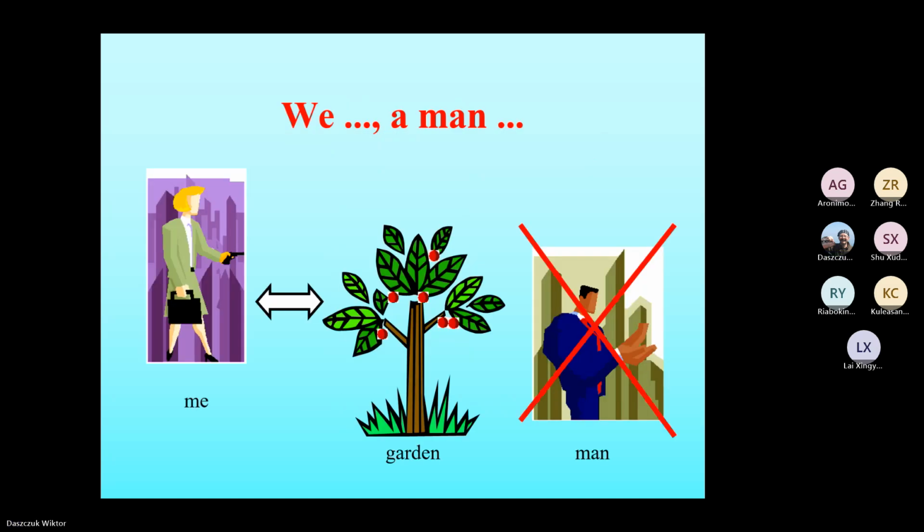However, when we take care about our garden, a man cannot pick our plants. He can pick the plants if we are not at the moment ready to defend them. So, a situation in which a man is in the garden and we are in the garden is excluded.